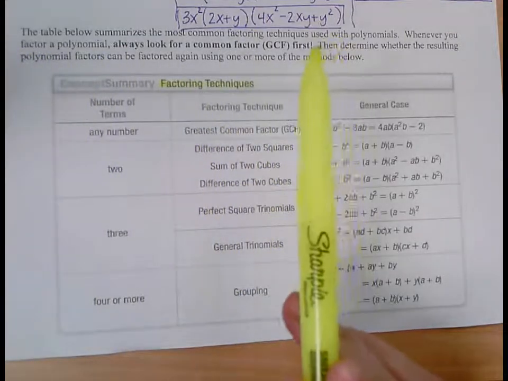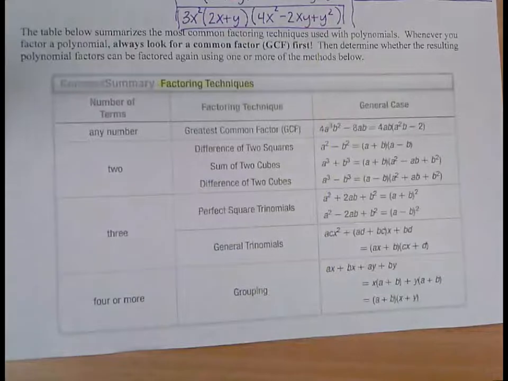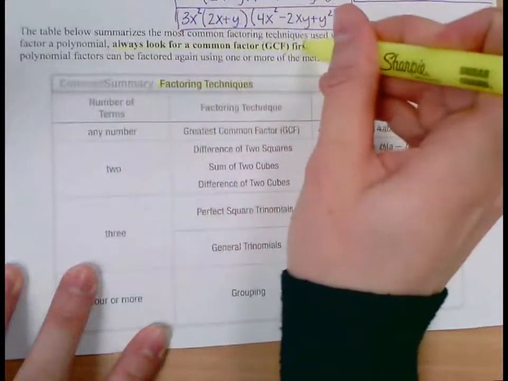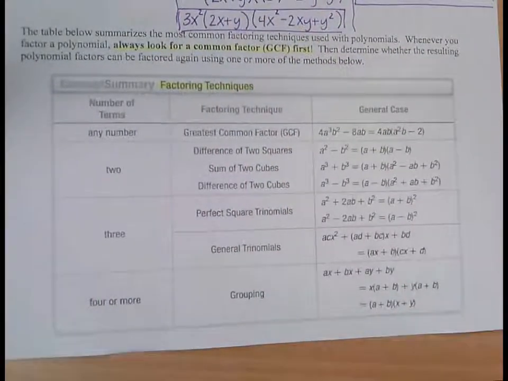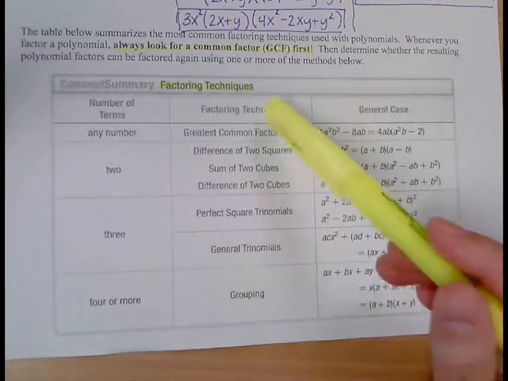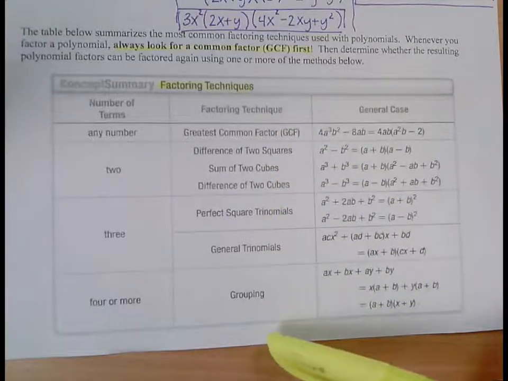What it says at the top, the main thing I want to draw out of this is that whenever you're factoring, what I've always said is you always look for a greatest common factor first. And then what you want to do is determine, based on the number of terms your polynomial has, which method of factoring you should try.